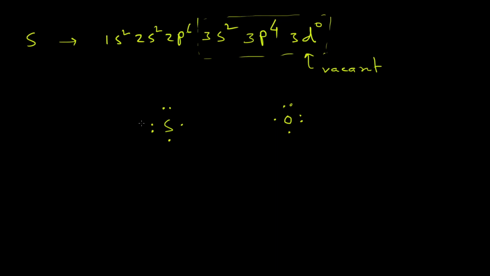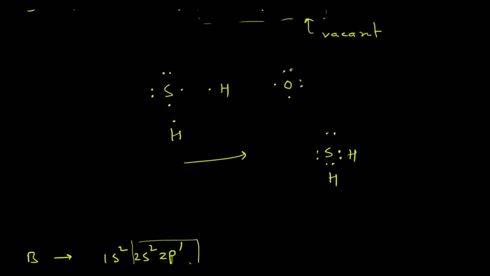So in the normal case, sulfur will undergo covalent molecule formation like hydrogen sulfide, where it combines with 2 hydrogen atoms and forms hydrogen sulfide gas, H2S. You all know that. And the Lewis dot structure will look like this.